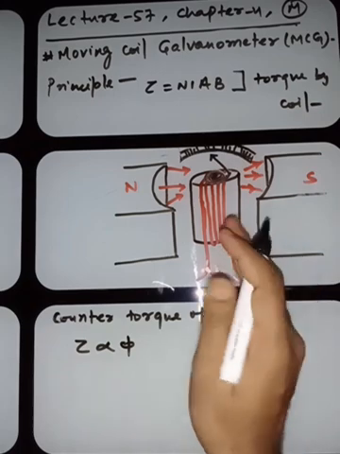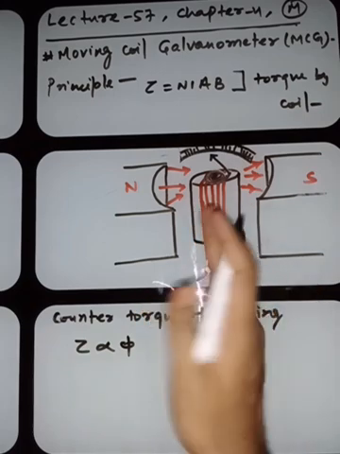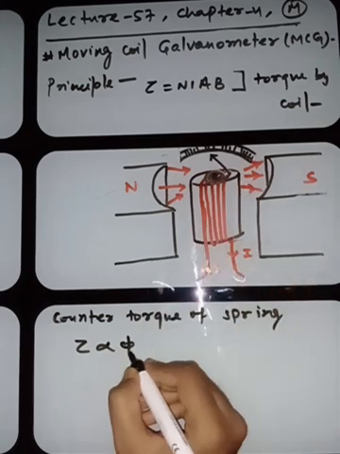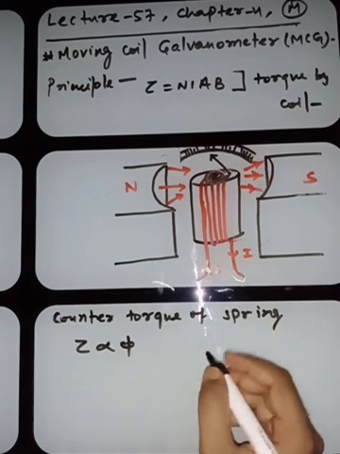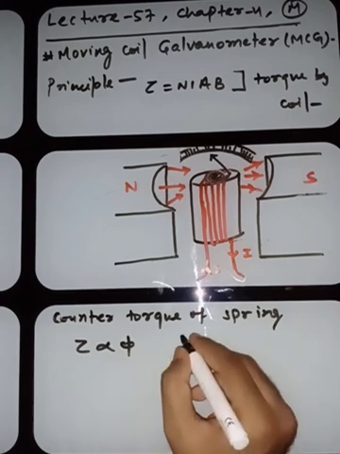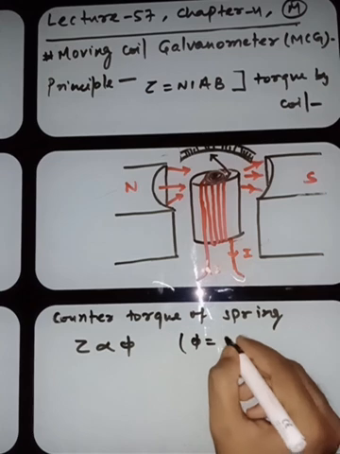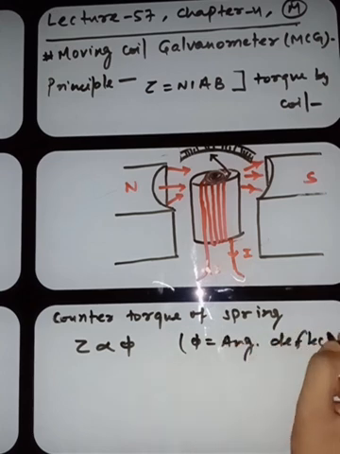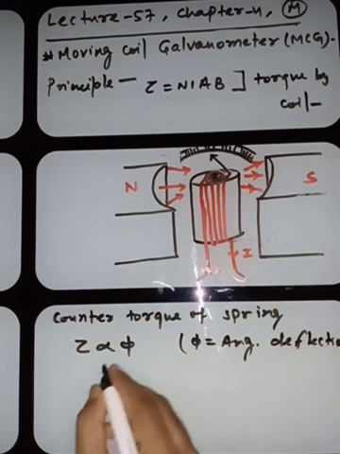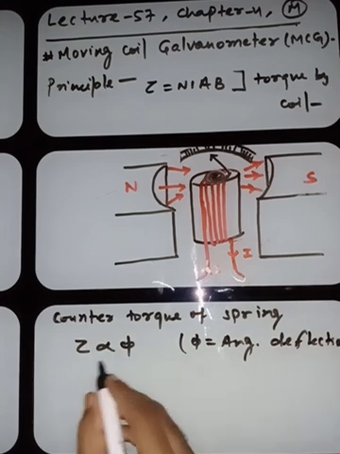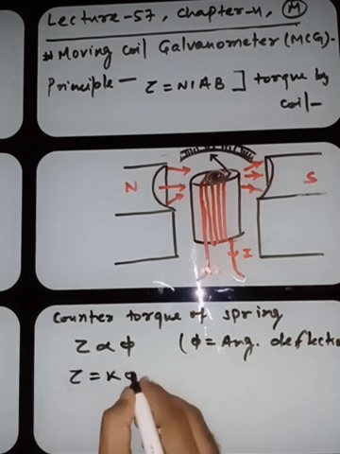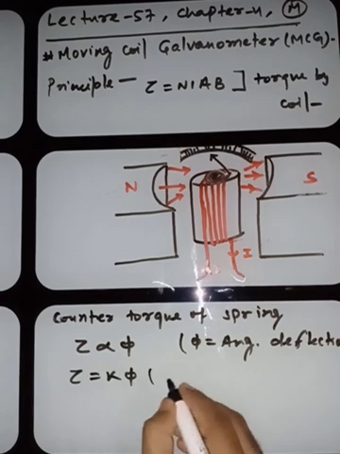How much the coil twists depends on this. If phi is the twisting, that is the angular deflection, then tau is directly proportional to phi for the spring, so tau equals k phi, where k is the twisting or torsional constant.